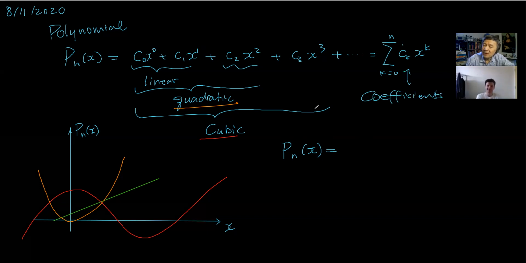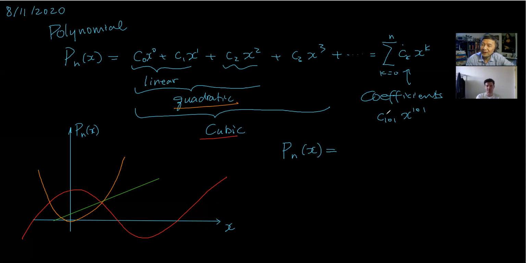The form of each term is given. For example, if you want to know the coefficient for the x101 term, that would be C101.